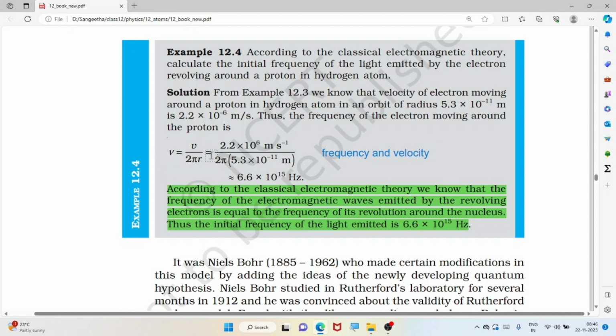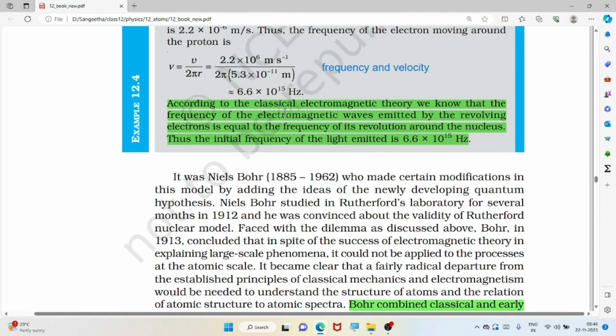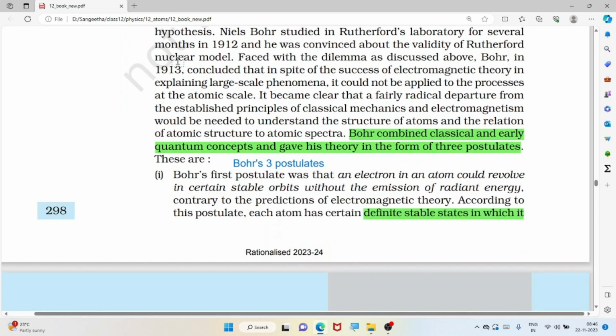Okay, this is the frequency: velocity by 2 pi times the radius of the orbit. Okay, this is the frequency and velocity relation.